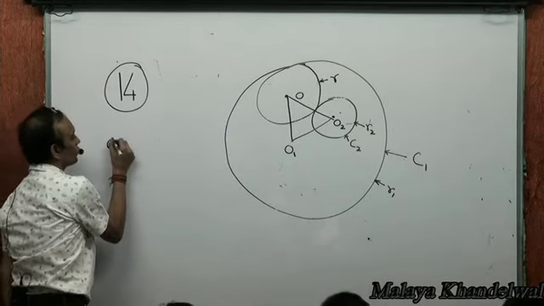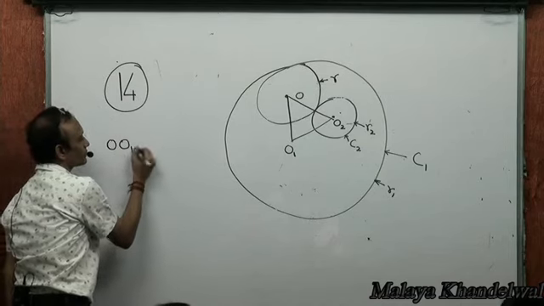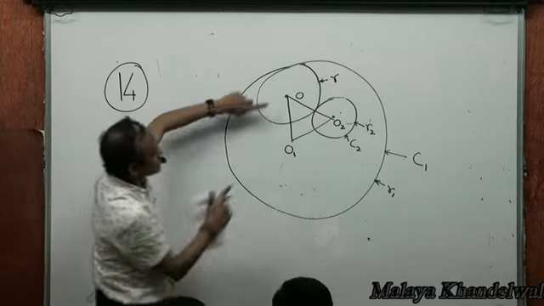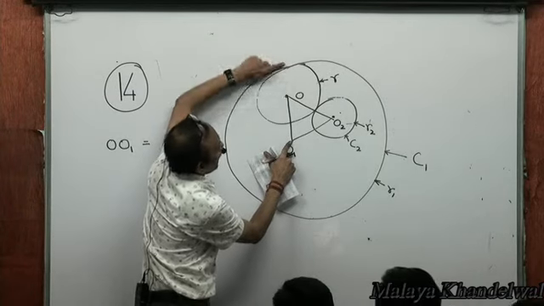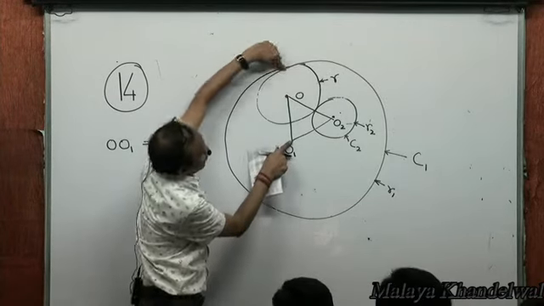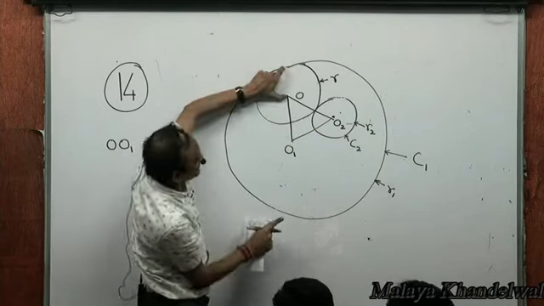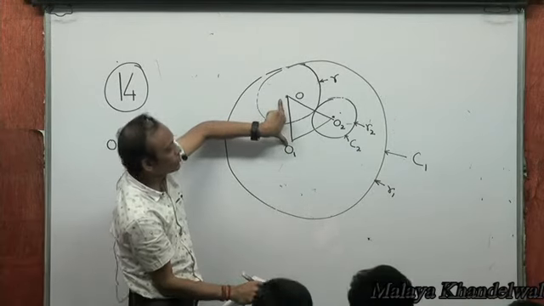What is OO1? Distance between these two centers. This whole is R1, minus R is OO1. Yes or no?